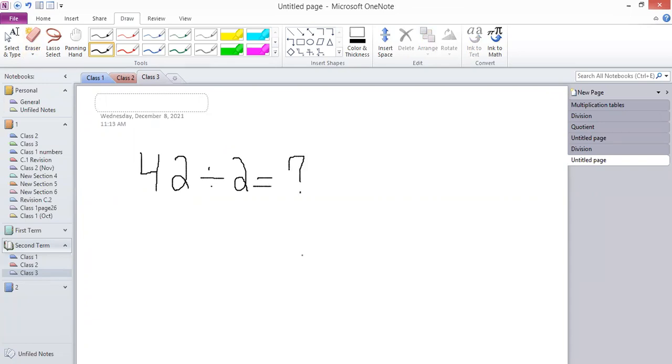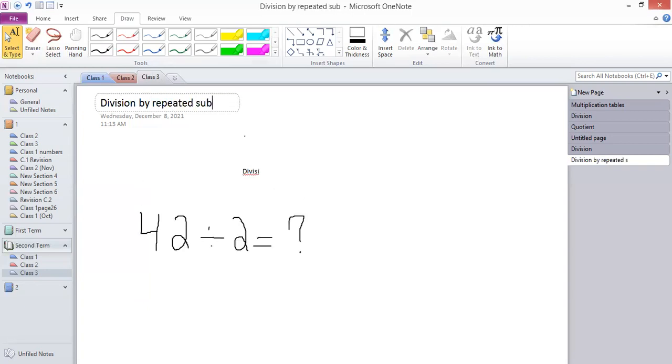And today we are going to learn division by repeated subtraction. Okay, so what you have to do is divide 42 by 2, and you don't know what it will be equal to.